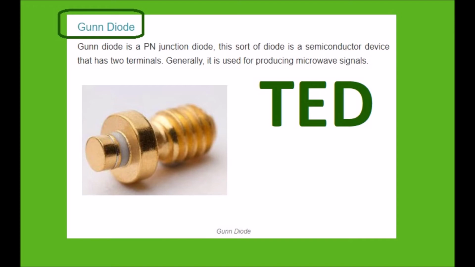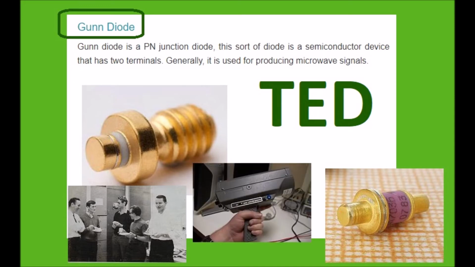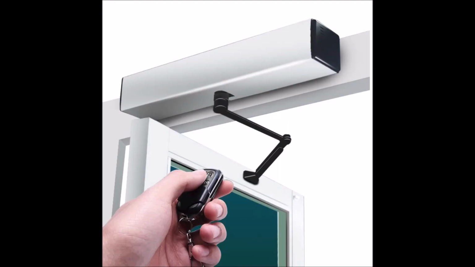It is based on the Gunn effect, discovered in 1962 by physicist J.B. Gunn. Its largest use is in electronic oscillators to generate microwaves in applications such as radar speed guns, microwave relay data link transmitters, and automatic door openers.